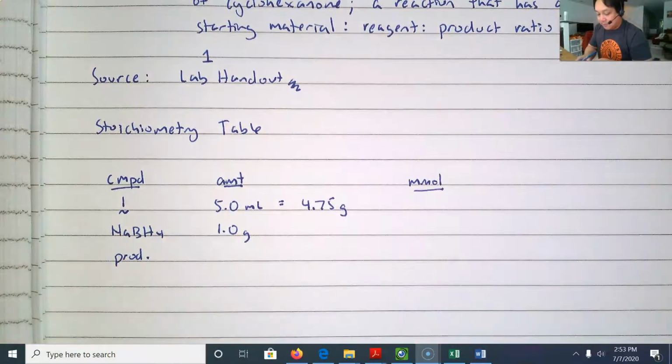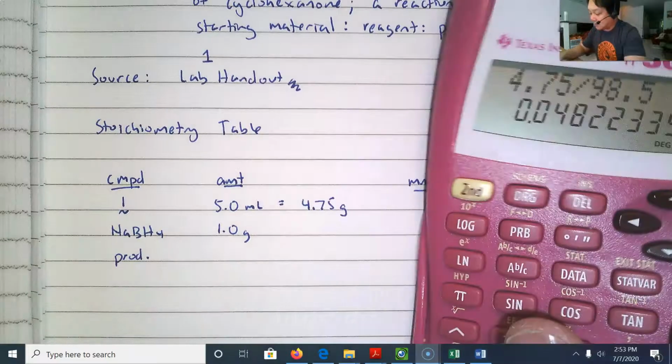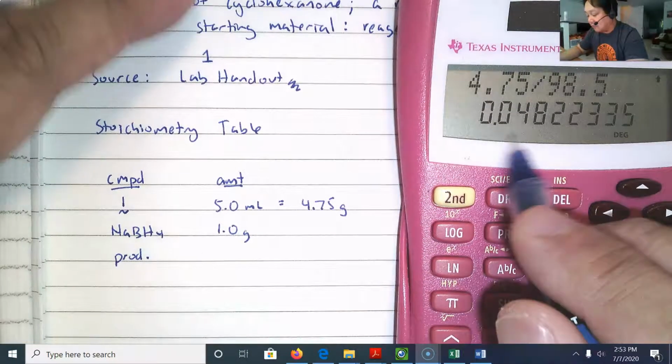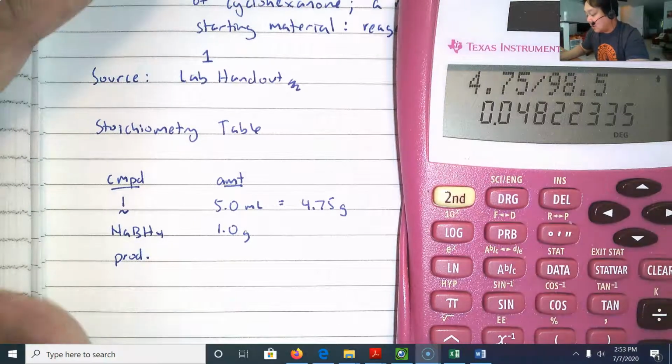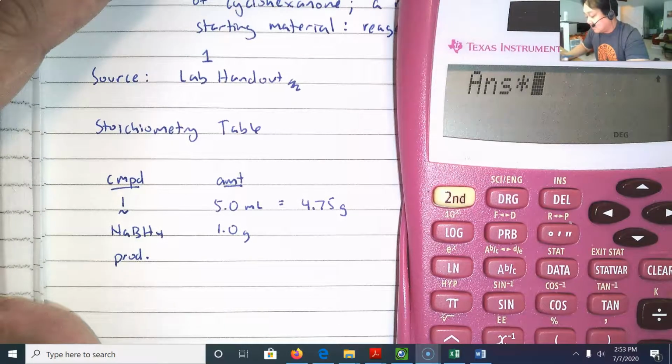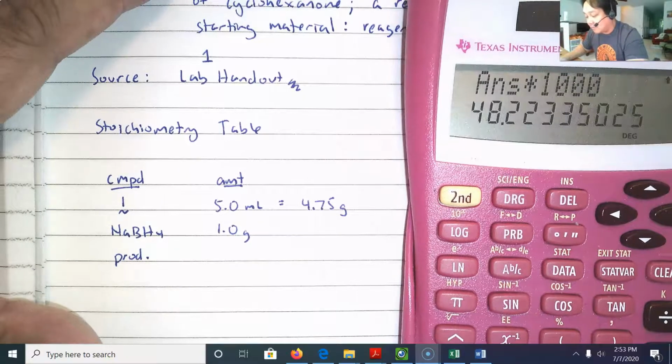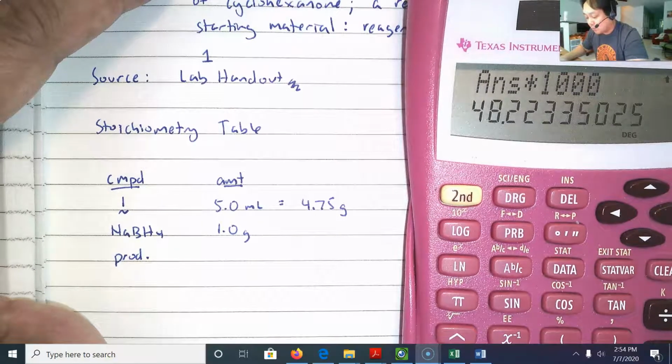So 4.75 divided by 98.5. Okay, that's what I got for moles. I don't normally like to write a lot of zeros, so we're going to convert it to millimoles. So we're going to multiply by 1,000. 48.2 millimoles. Okay.